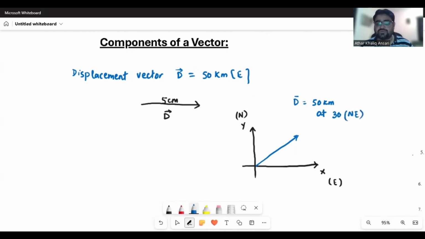So what will we do? We will draw a vector in a plane that is making an angle of 30-degree from east to north, and this is the same 5 centimeter, and we'll draw the line as it is in the plane.